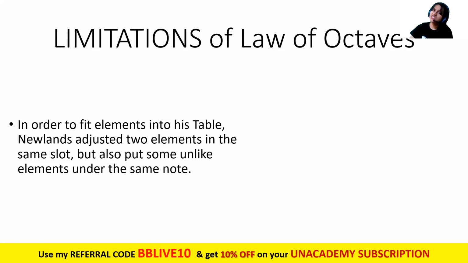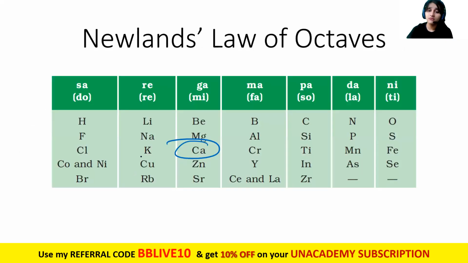Another dilemma for Newland was he adjusted two elements in the same slots, but also put some unlike elements under the same note. For example, let's see over here. Cobalt and nickel don't need to be there, but they are.